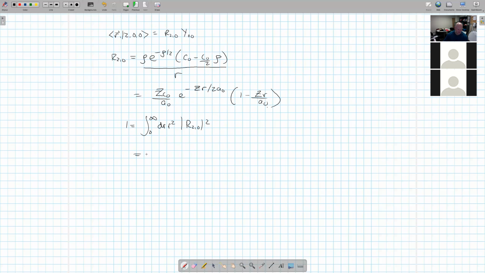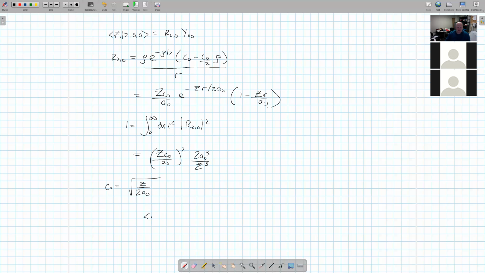Here I'll skip the math, but basically what we find in this case is this becomes Z C0 divided by a0 squared times 2a0 cubed divided by Z cubed, okay? Which means that C0 is equal to the square root of Z divided by 2a0.